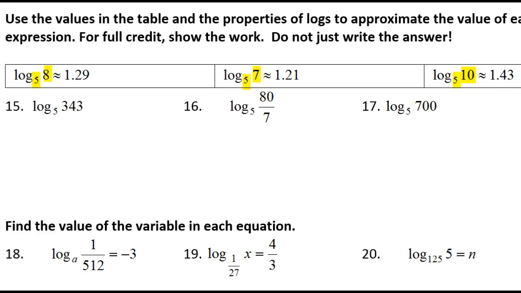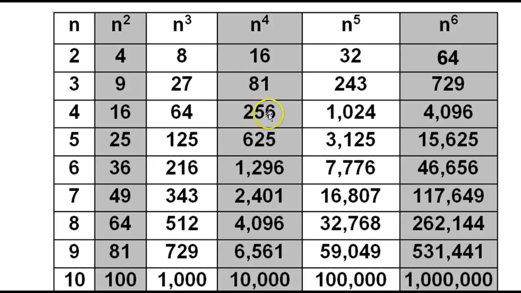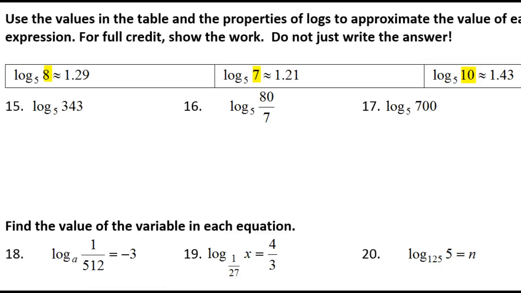So really, I shouldn't even be mentioning the 5 because that's automatic. Think of 8 and 7 and 10. Wherever possible, we want to rewrite these problems using an 8, a 7, or a 10. We will also be using an exponent table, so that's okay.